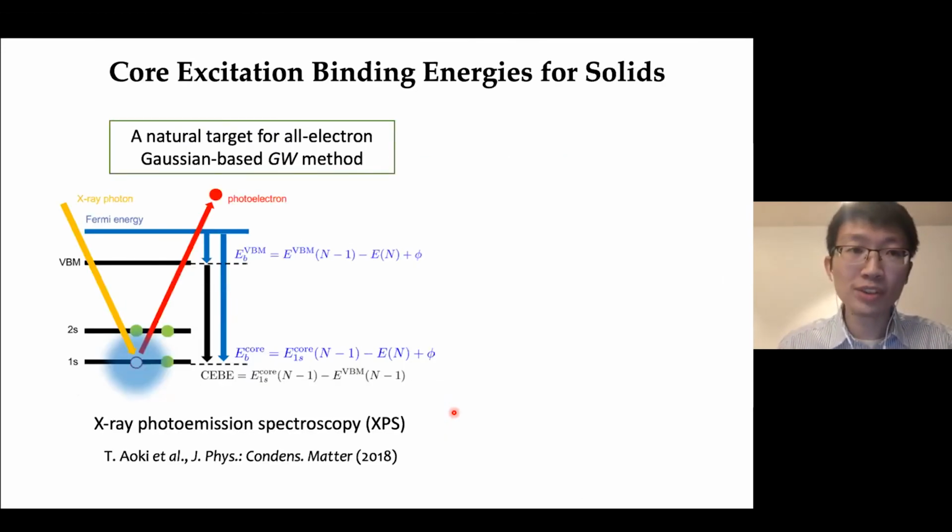Now I want to switch gears to take a few more minutes to talk about core excitation binding energies for solids. This is actually quite a natural target for our all-electron Gaussian-based GW method, because we could, in principle, treat both core and valence excitations on equal footing.